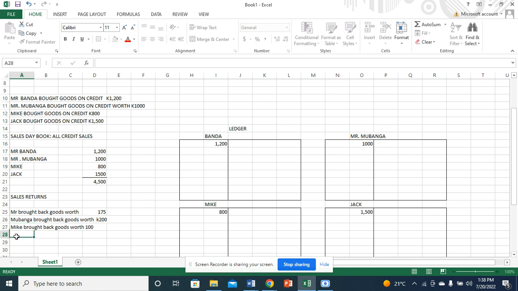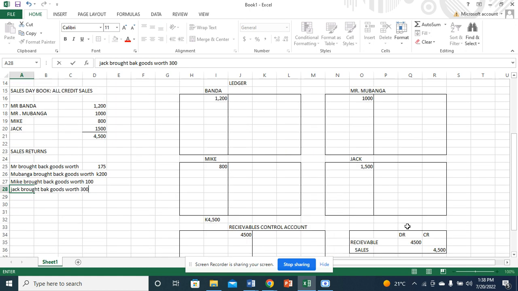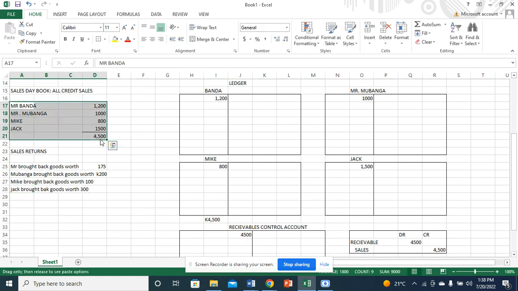And Jack brought back goods worth 300. So in your sales returns day book, you have the same people. You'll be writing them down.